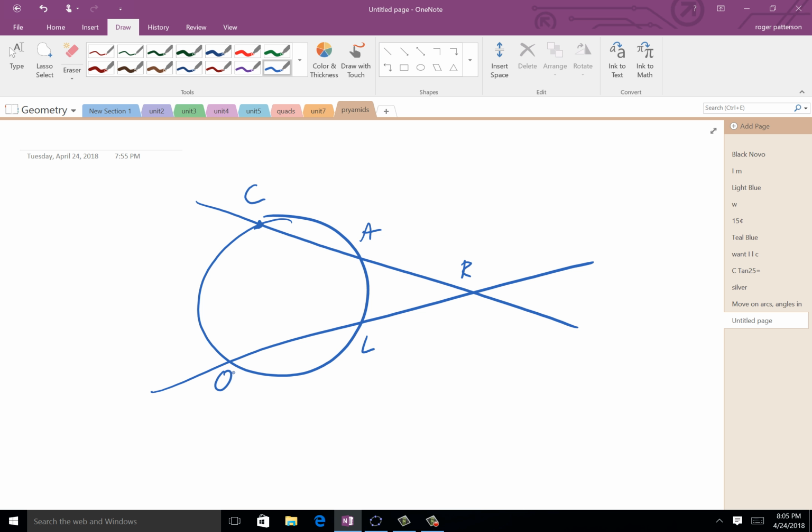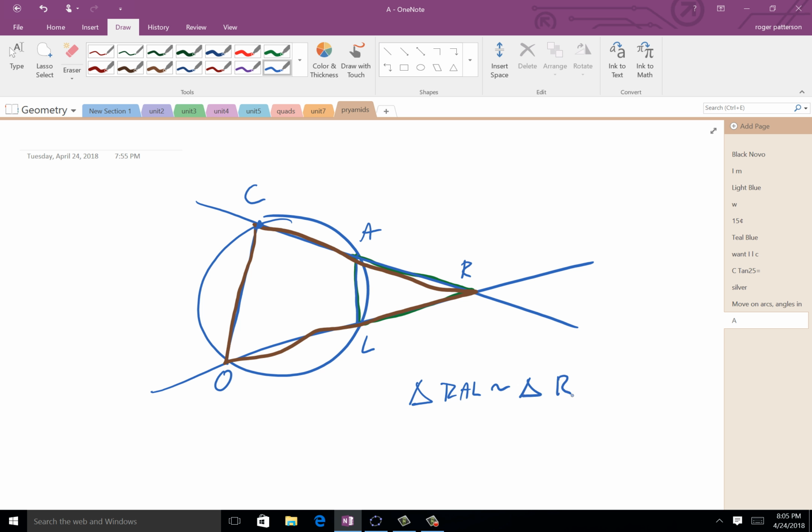Okay, so let's see, I'll draw this triangle here, draw this triangle here. So again, just to outline this, so here's a triangle here in green. It's similar to this triangle here. I'm not sure what color this is, maybe a brown. Alright, so triangle RAL is similar to triangle.